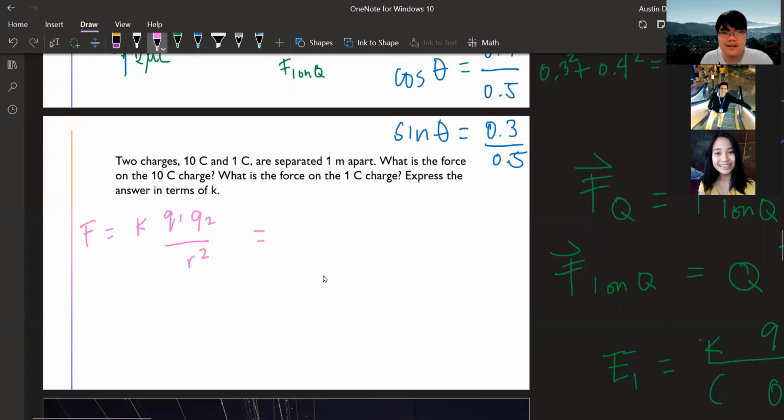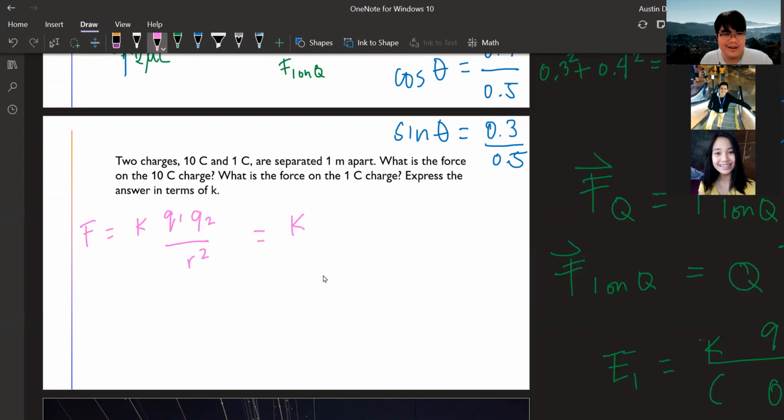Since two positive ang dalawa, so like kung positive. K over ano po? K lang po.